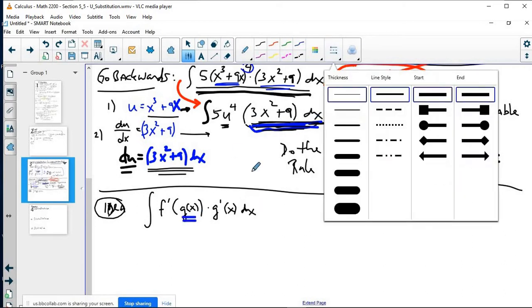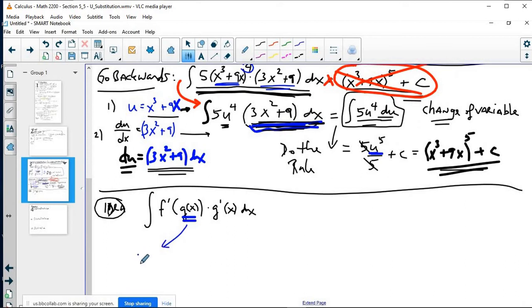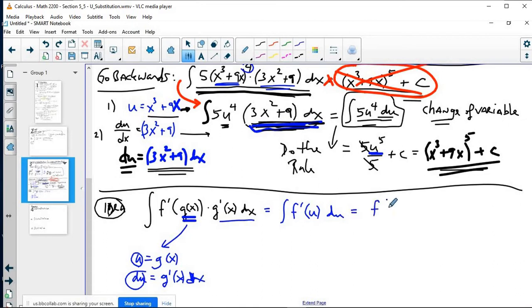So if we call u g of x, then the derivative, and I'm going to take the dx to the other side, is g prime of x dx. And so this is replaced by du, and this is replaced by u, and so you can rewrite this as the integral of f of u du, and then the antiderivative of the derivative is just f.